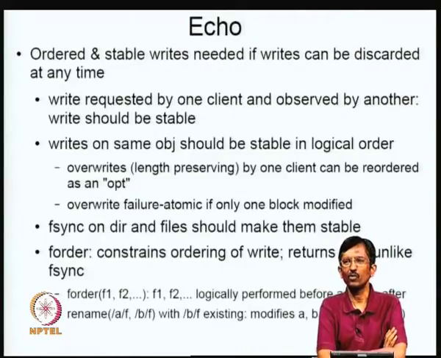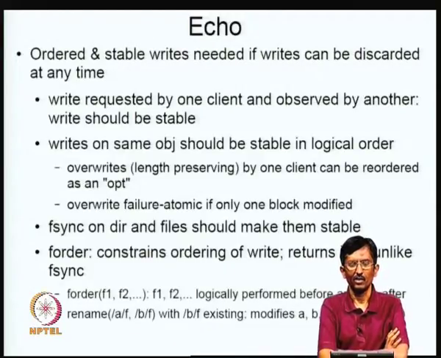Overwrites, what are overwrites? Basically, I am not increasing the size of the file. So there is a file, for example, 8 megabytes, and I am always writing inside that 8 megabytes. I am not really extending it. So if there are multiple writes, some at, for example, 1 megabyte, some at 4 megabytes, some at 512 kilobyte offset of some multiple blocks, then they can be reordered as an optimization.